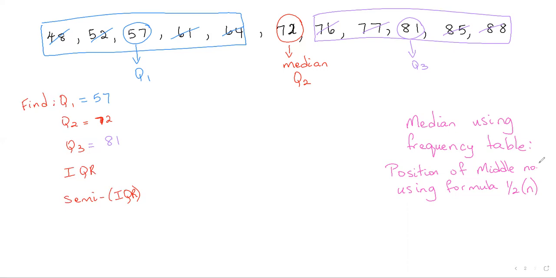So it's a half of all of the numbers or a half of the total frequency. So basically you have to add up all of the frequency. This is if you're given a table, right? So you add the frequency and find half of it.